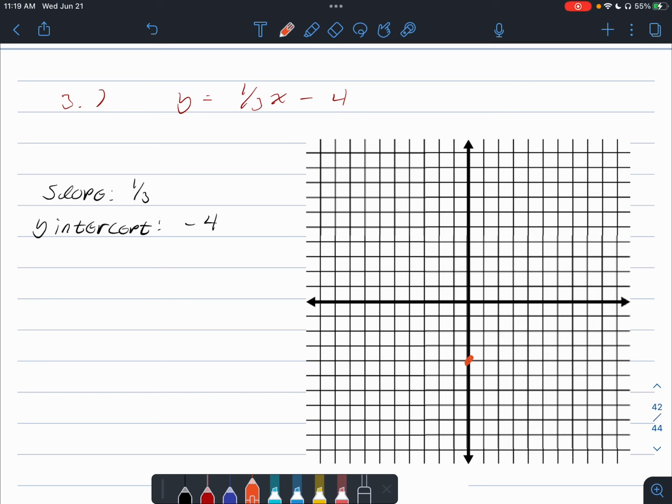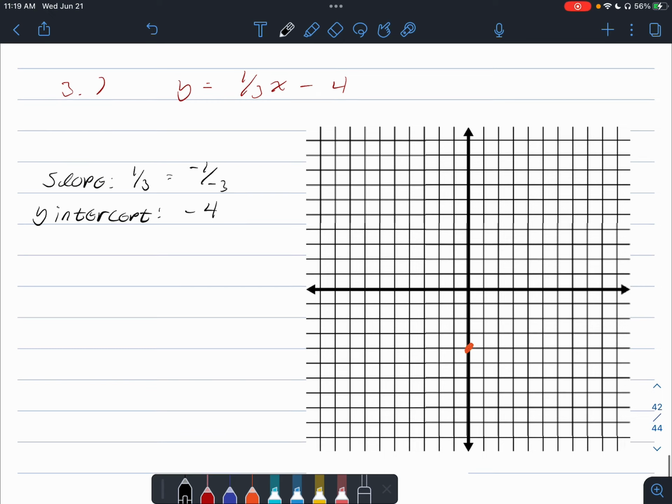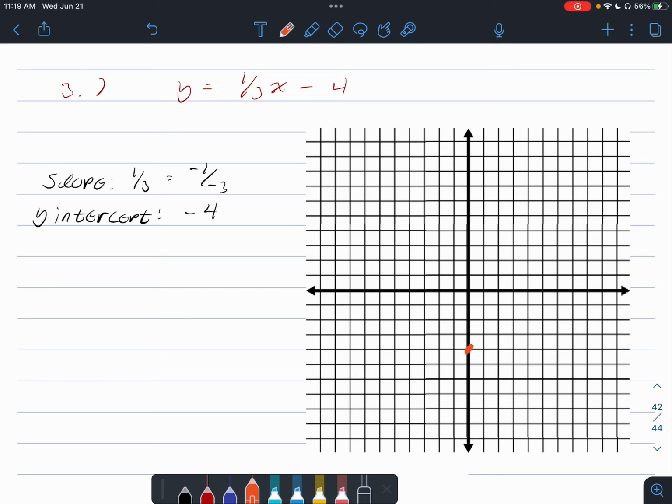Okay? So this is also equal to, hopefully we can see this, negative 1 over negative 3. Those negative signs will cancel, but again, we can see why this is important here in a second. So here, we can start from this point, and we can rise 1, and go to the right 3. All right, so rise over run.